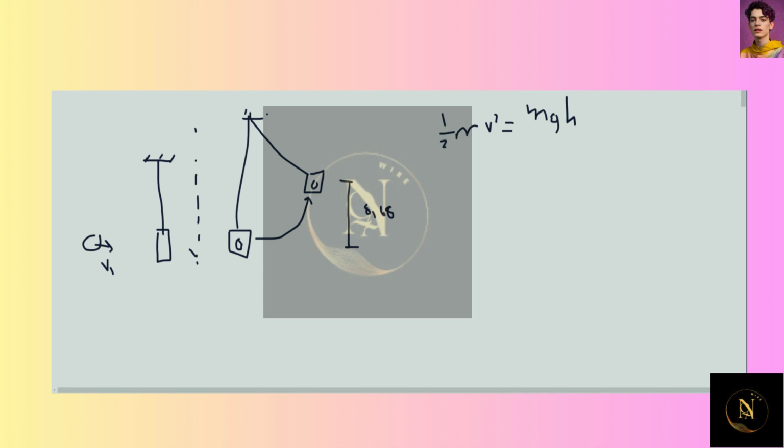Since these are common on both sides, I'm going to remove them. So V is just going to be equal to the square root of 2 times g times h.